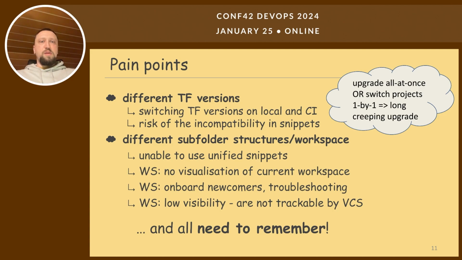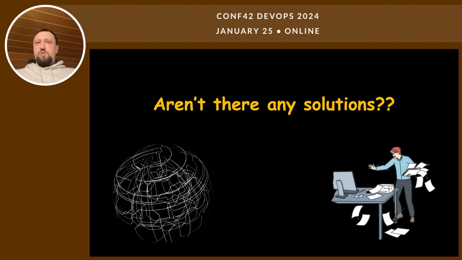And also, here we have a problem that our workspaces are not visible and not trackable by the version control system. And that's why you need to memorize everything, and it creates a problem when you involve someone for troubleshooting or onboard newcomers. Aren't there any solutions on the market?